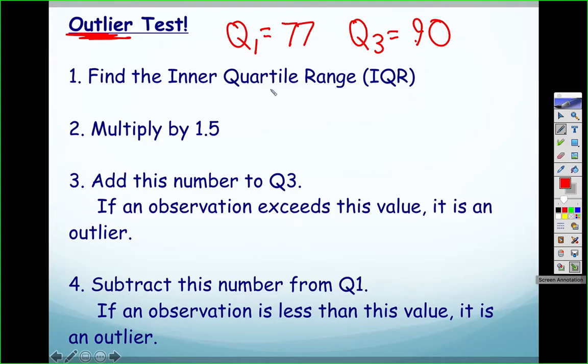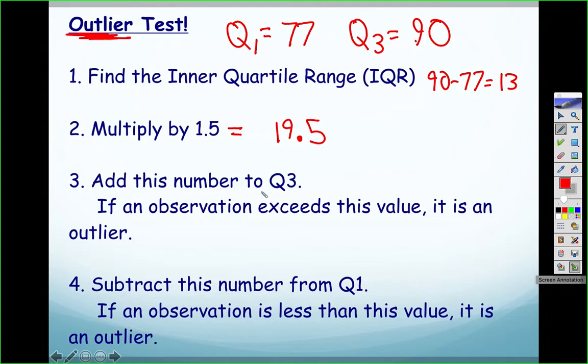IQR for this was 90 minus 77. That's our measure of spread. It was 13. The next thing it says to do, and it's always the same, is 13 times 1.5. Multiply by 1.5, I get 19.5.